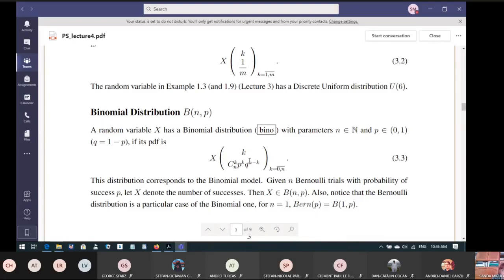Now, before we actually read this, let's see where it actually comes from. It corresponds to the binomial model. Let's recall the binomial model. In n Bernoulli trials, n the first parameter, what were Bernoulli trials? First of all, independent. Secondly, in each of them, we're looking at success or failure.